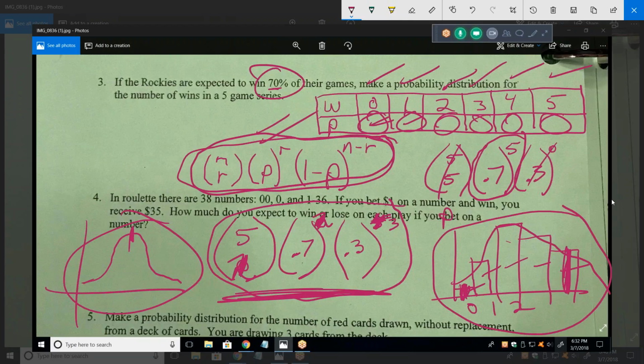Right. But this is the key formula you have to memorize. That is the probability distribution formula. And you have to know how to do these combinations, N over R. You might also recognize this. That is the same exact thing as the binomial distribution.